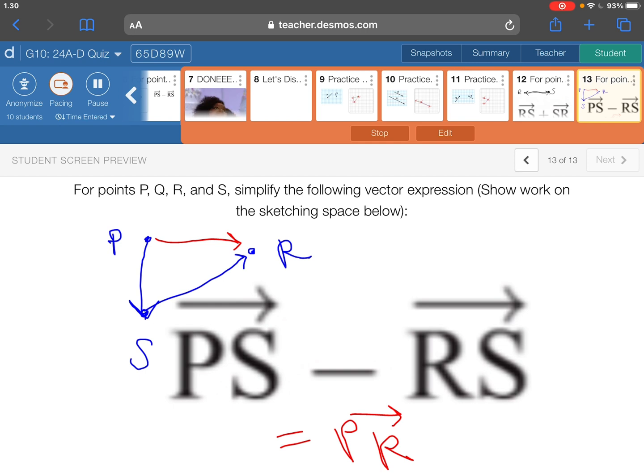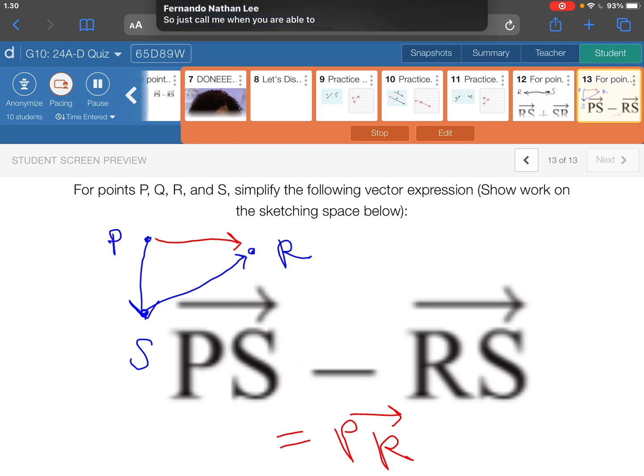Okay. All right. Slide 13. It says for points P, S, and R, so ignore the Q, simplify the following vector expression. Show work in the sketching space below. So again, we're starting with PS. It doesn't matter where.